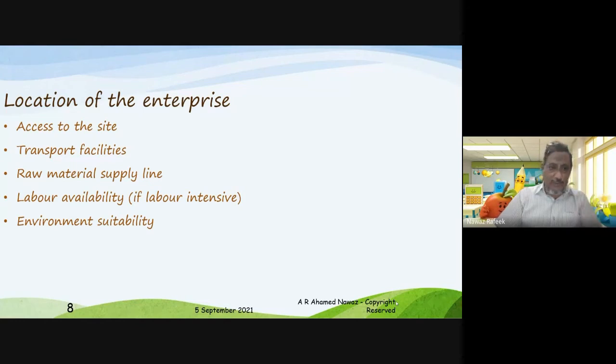How much raw material has to be kept in the stores for the smooth running of the manufacturing organization. For that, we have to find out what the supply line, the supply chain, is and how long it will take to supply.